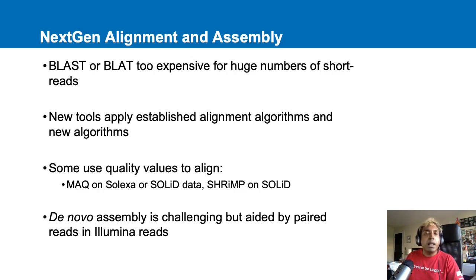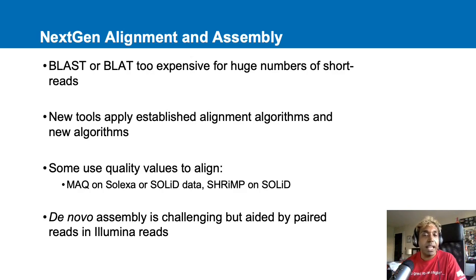New tools apply established alignment algorithms and new algorithms like BWA, the Burrows-Wheeler Aligner, which works wonderfully well. Some older methods use just quality values for alignment, such as Solexa, which is what Illumina is right now, and SHRiMP on SOLiD. The mapping quality would be one of the main things that we use for alignment.